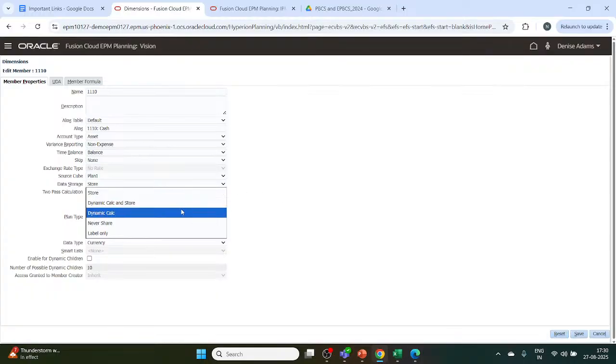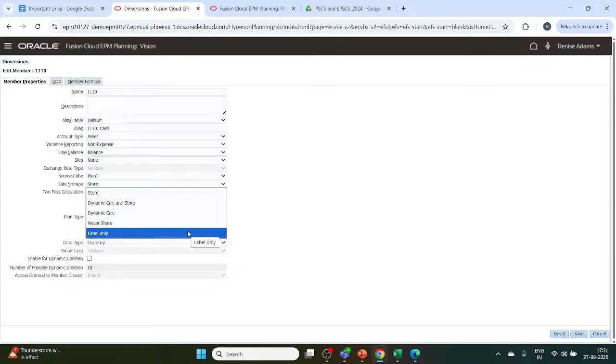If we talk about dynamic calc, it is totally used for calculation. When we choose dynamic calc, the calculation happens on the fly. If we don't want to share the member, then we choose never share. No data would be shared between the members here.